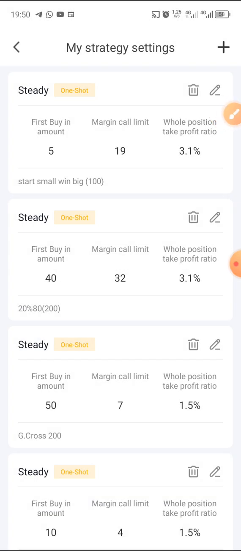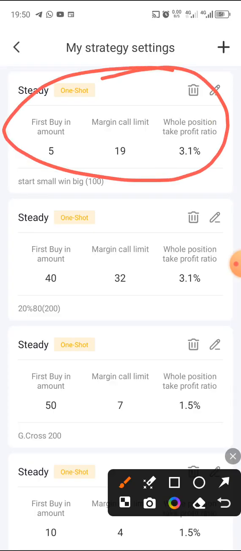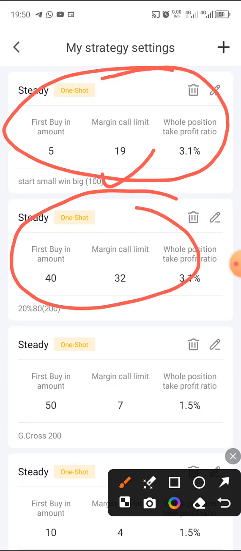Okay, so here is our strategy, already saved. The start small, win big. This was our first strategy, the 20% 80. You can have as many strategies as you can, depending.